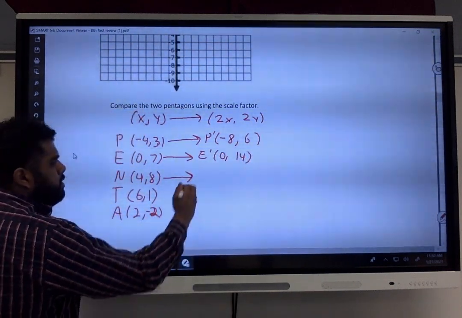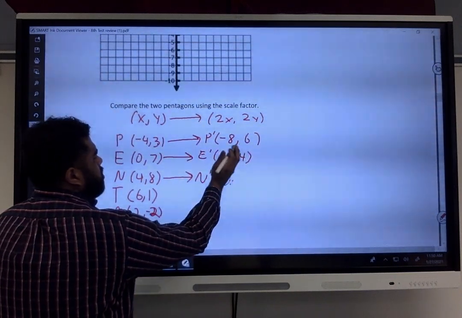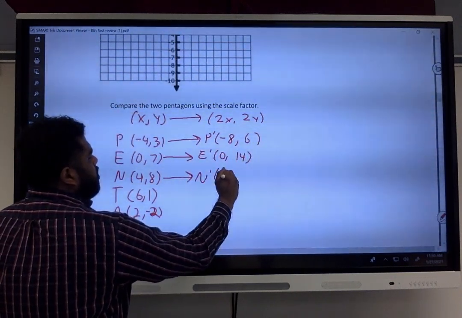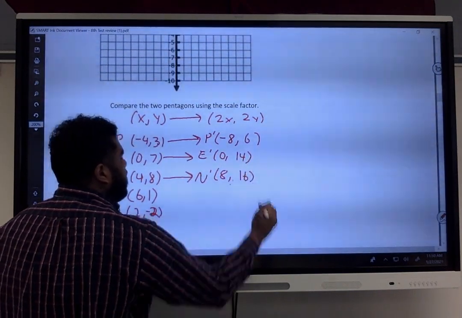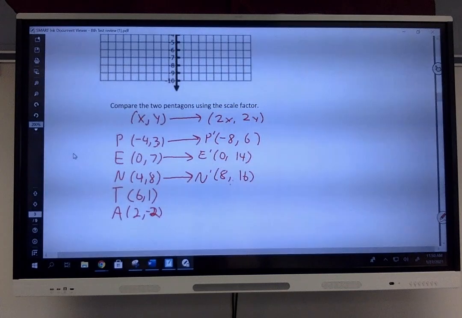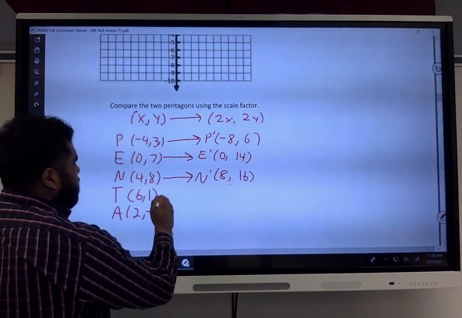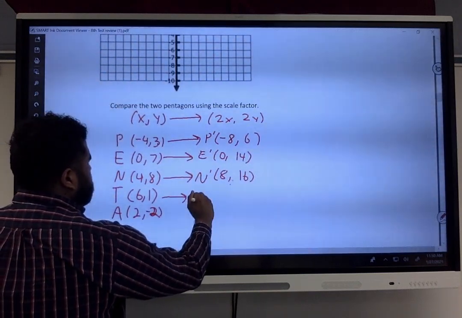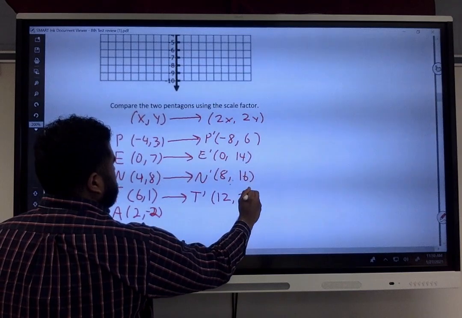N is 4, 8, so N prime would be 8, 16. Again, we take 4 and 8, multiply them by 2. 4 times 2 is 8. 8 times 2 is 16. So T prime would be 12, 2.